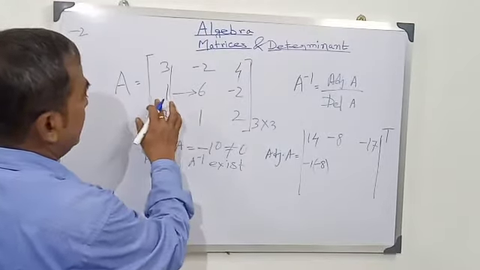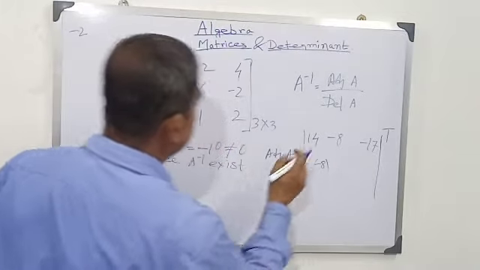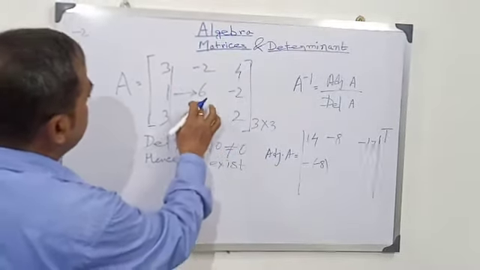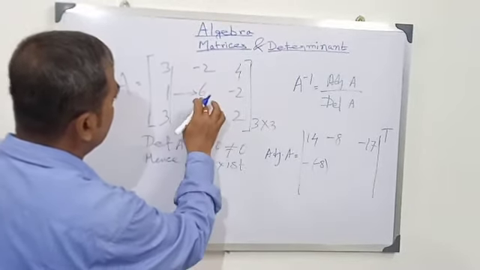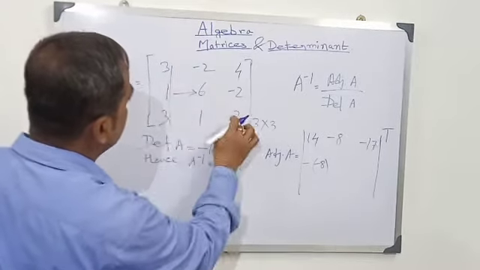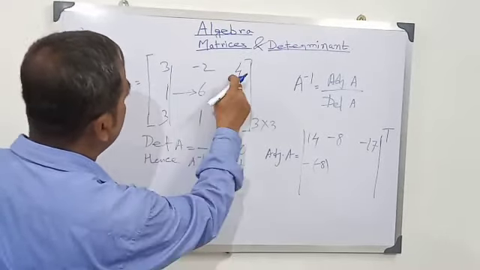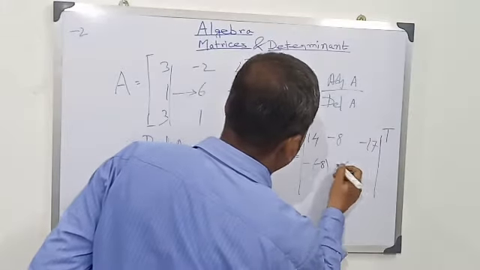Here this is minus of this. Now here it is positive because second column, so 2 plus 2 is 4. Now here is 3 4, that is 3 into 6 minus 12, that is minus 6. So it is minus 6 only.